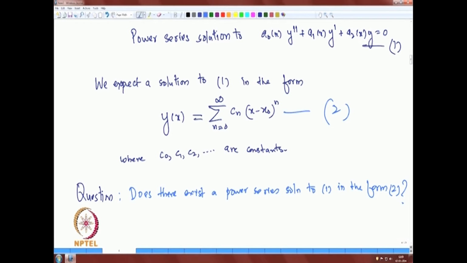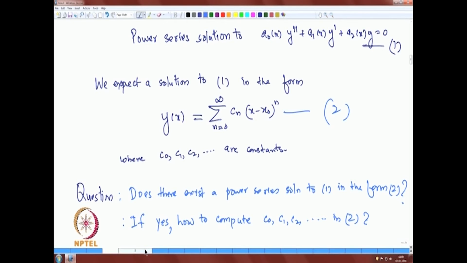And if it exists, how to compute the constants c 0, c 1, c 2 etc. in 2? So, these are the two questions.